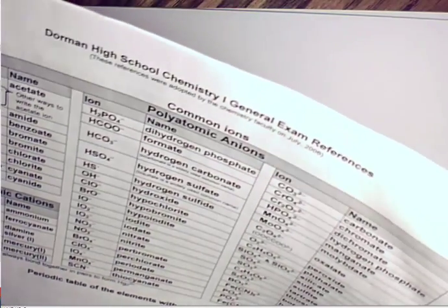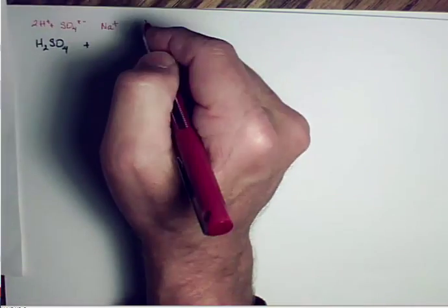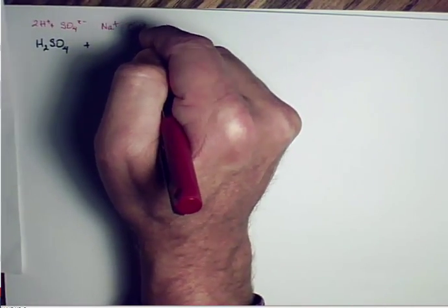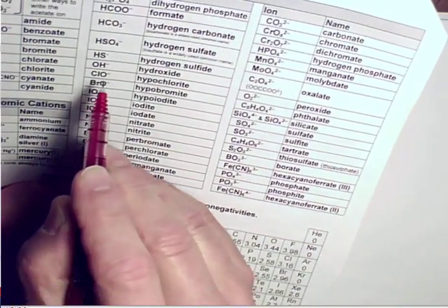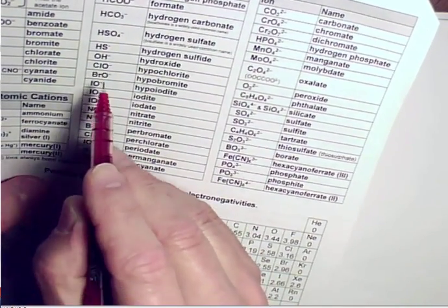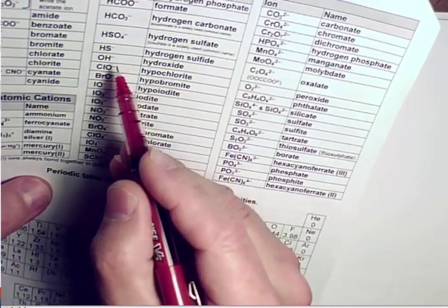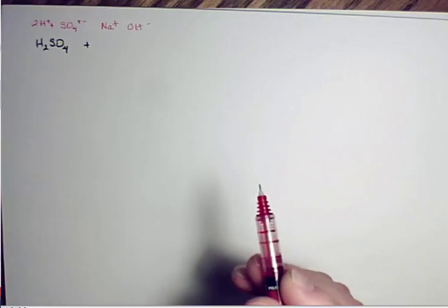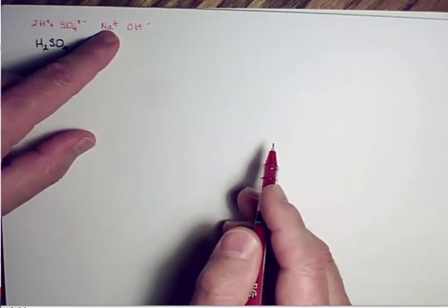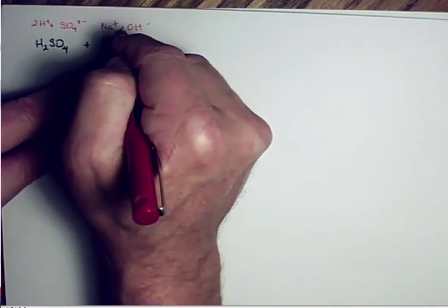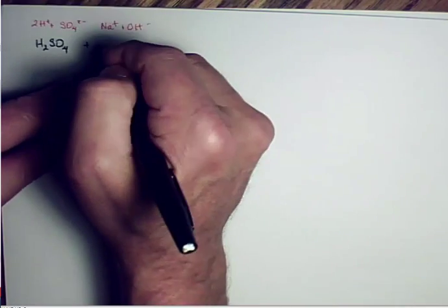It's kind of unusual in that it has that IDE ending, but it's still a polyatomic ion. But when you hear that word hydroxide, you have to know that it's OH negative. Here it is, hydroxide. So that has a 1 negative charge. One of each of those gives you the balanced formula.